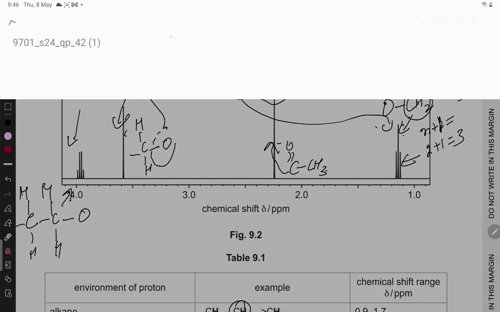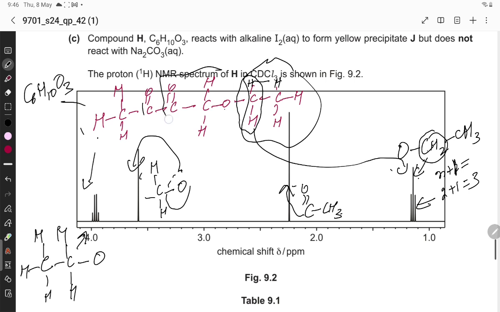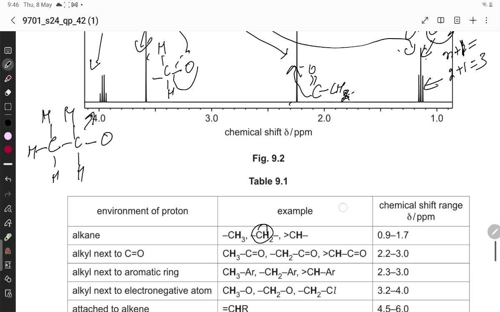This is the compound CH2CO, CH2 C double bond O. This peak is a singlet peak. C double bond oxygen, an electronegative element, gives a singlet peak, and this peak is responsible.